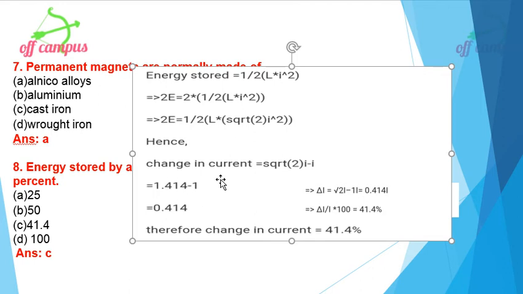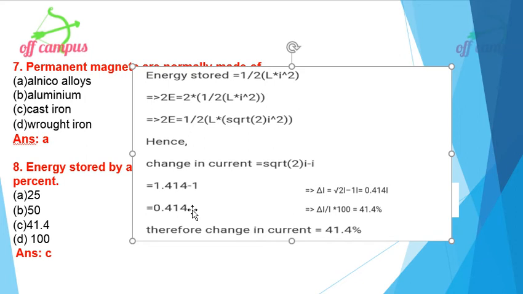Hence, change in the current: before, the current is nothing but I. Now it is square root of 2 into I. So, change in current del I is square root of 2 I minus I. The value of square root of 2 is 1.414, minus 1, we will get 0.414.